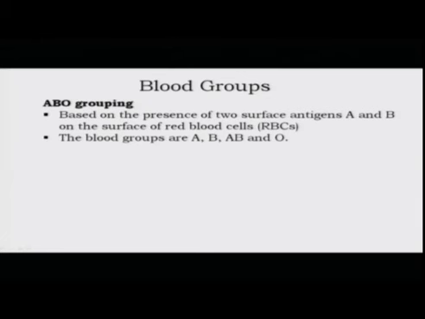The ABO blood group is decided based on the presence of two proteins on the surface of red blood cells. These proteins are called A or B, and they are known as antigens. Usually antigens are referred to as those substances which can bind to an antibody.